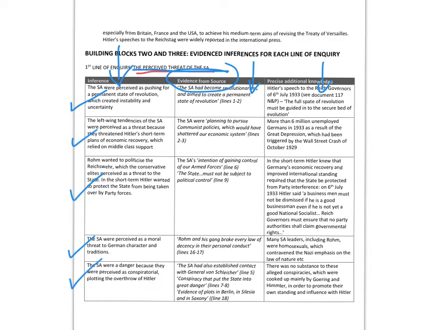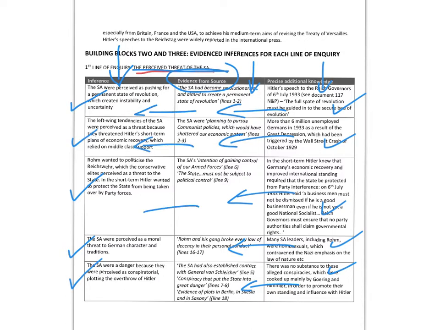That's why I've given clues here as to the bits of additional knowledge that you could use to develop the evidence, which in turn makes your inference. So again, spend some time reading that through just to get some sense of how that is done.